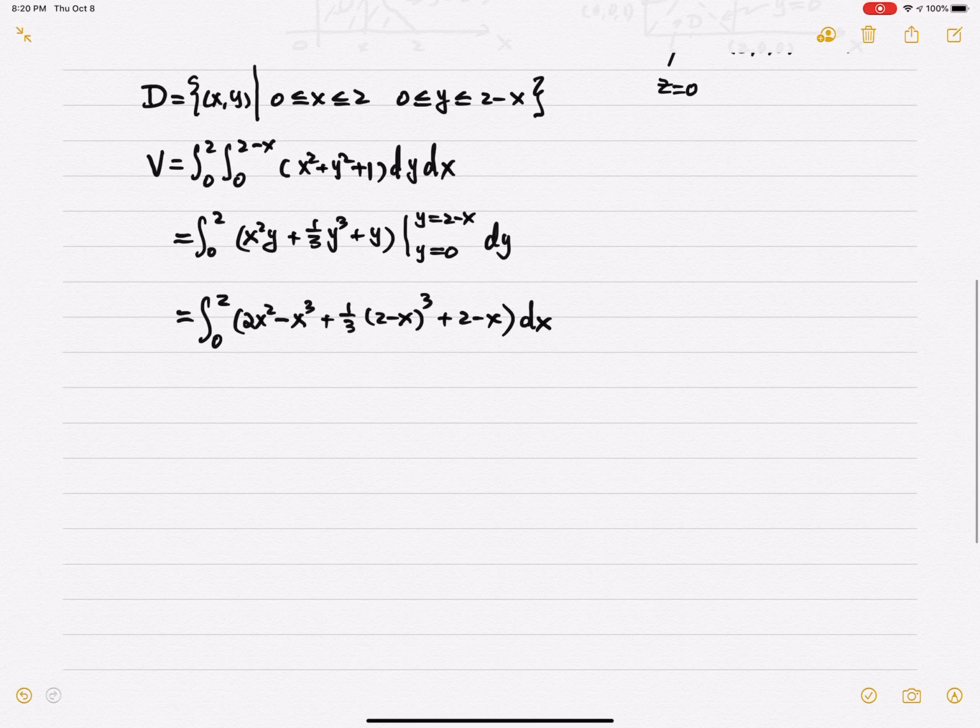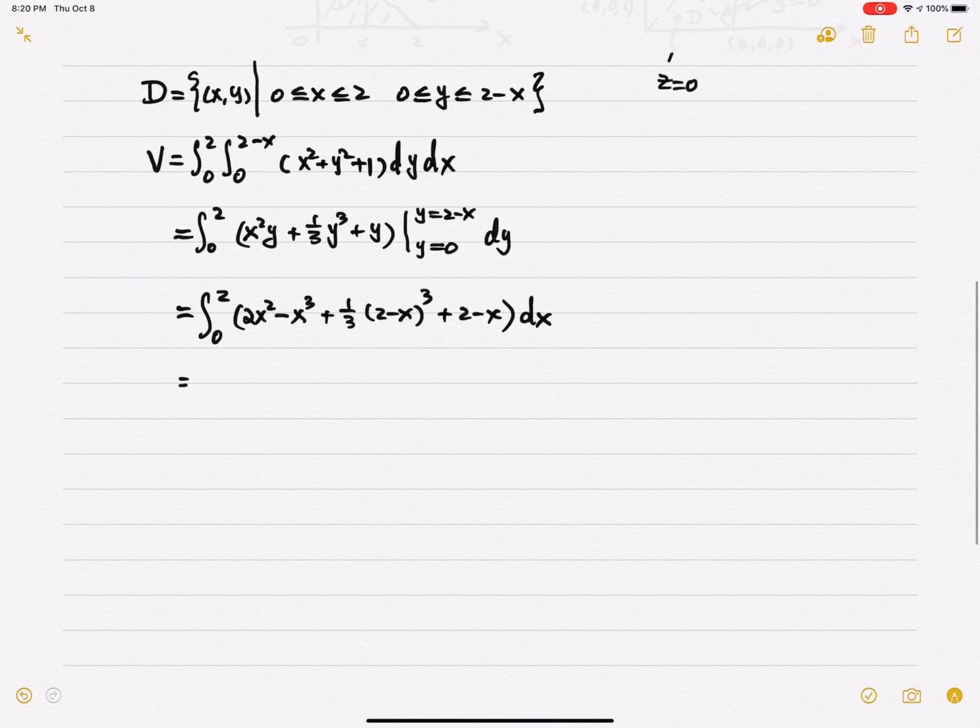And then we're going to have 2/3 x to the third minus 1/4 x to the fourth. This third term you don't have to multiply out because dx equals negative d(2 minus x). If you do substitution, let u equal 2 minus x, you're going to have negative 1/12 (2 minus x) to the fourth.